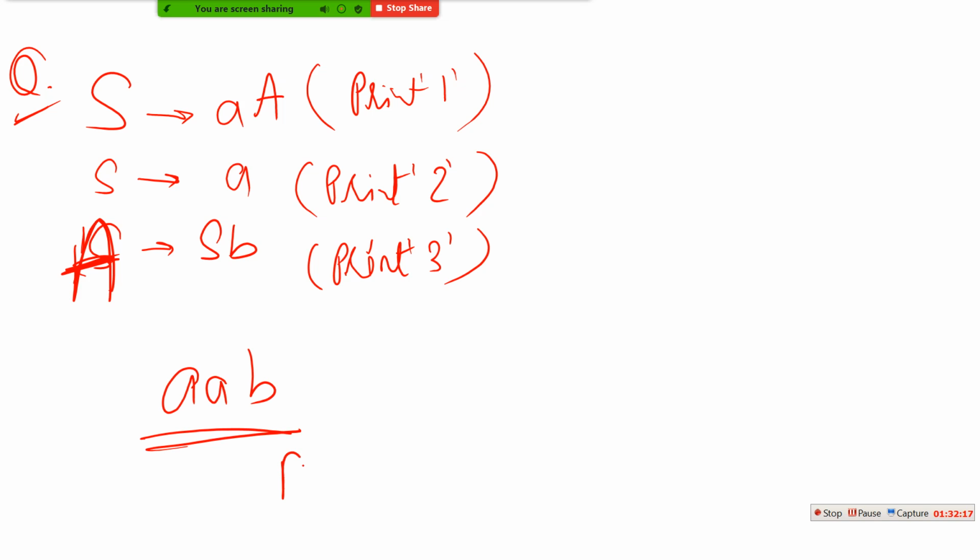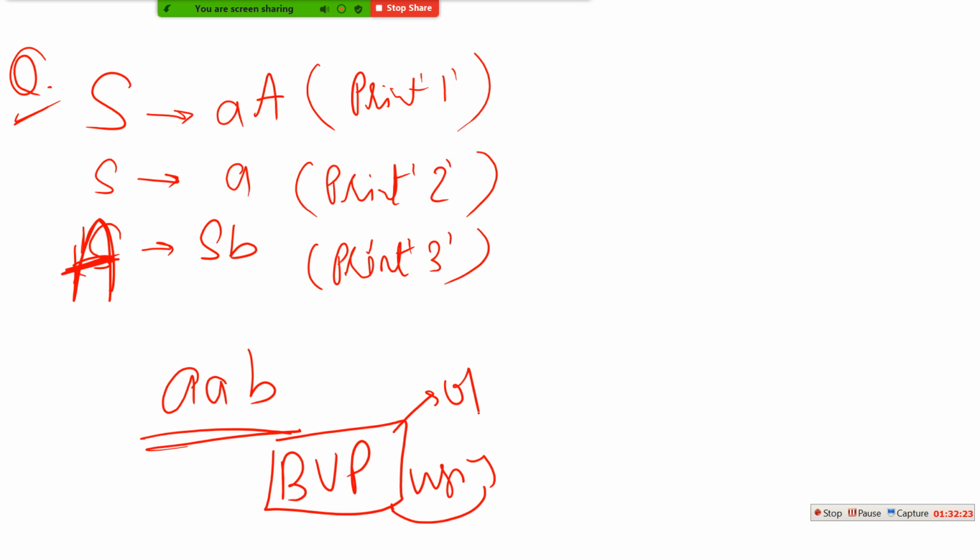You need to apply bottom up parsing. The question is, using bottom up parsing, what will be the output, guys? Please answer me. It is just a 1 minute question, the simplest question. What would be the output of the following program using bottom up parsing?